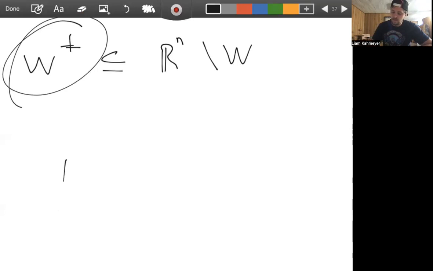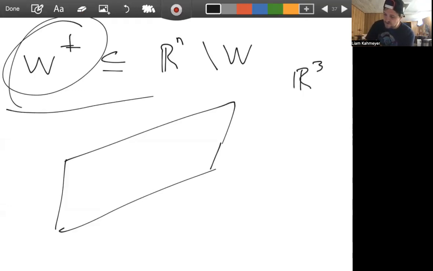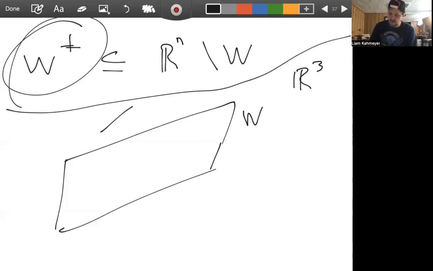And so if you're looking at a plane here, let's say we're in R3. Let's look at a quick example. Say we're in R3 and W is this plane here, right? Well, there are plenty of vectors in R3 that wouldn't be orthogonal to it, right? You can think of a lot of vectors that wouldn't be orthogonal, like vectors that are not in W, right?